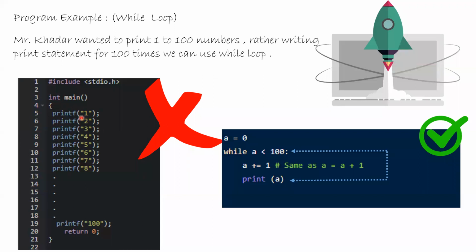Obviously, printing 1, 2, 3 like that is a bad idea, because if I want to print 1 million, what do you do? That is not the reason computers were invented. Instead, we use while a less than 100 colon, then go through the increment and print. Got it?